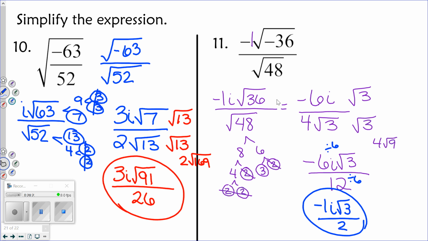And the reason I didn't divide by negative 6 is that it would make a positive 1 on top, but then 12 divided by negative 6 would leave a negative 2. So I still have a negative somewhere. Usually by default, depending on your calculator too, some calculators don't like a negative in the denominator. If you type it in, it gives you an error. So by default, I always just leave my negative on the top. But it doesn't matter. If you went with a negative on the bottom, it's not wrong.